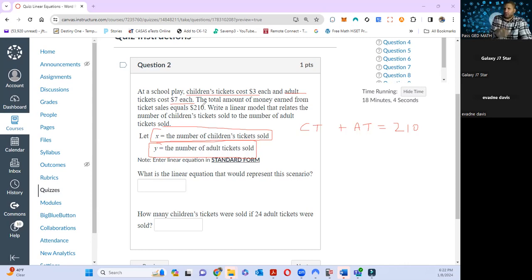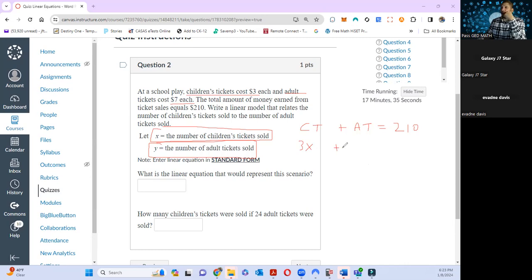First you were talking about 3 plus 3 is 6 plus 3 is 9. For 100 tickets, you'd be sitting there all day: 3 plus 3 plus 3 plus 3. If you're adding the same number multiple times, that's what multiplication is. So 3 times the number of children's tickets. The number of children's tickets is X. So $3 times the number of tickets I have, that's 3X. Understand that? Yes.